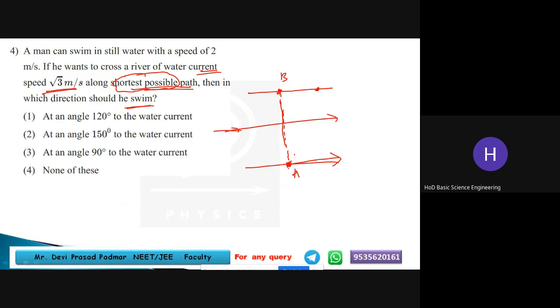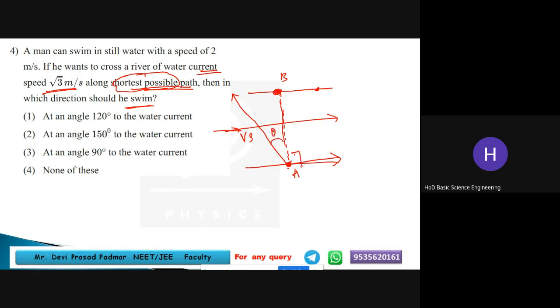So finally, if he has to follow this path, how does he have to swim? He has to swim along this direction. Then the water current will push him downward, and finally he can reach this particular point. Let us consider this particular angle as theta.